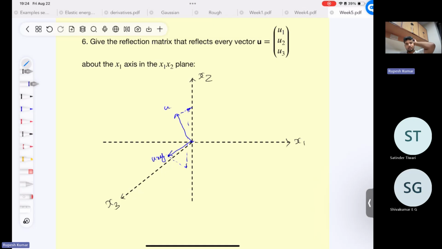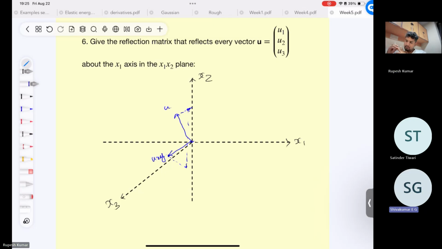Is the problem clear, everyone? U1 is along x1, U2 along x2, and U3 along x3, correct?